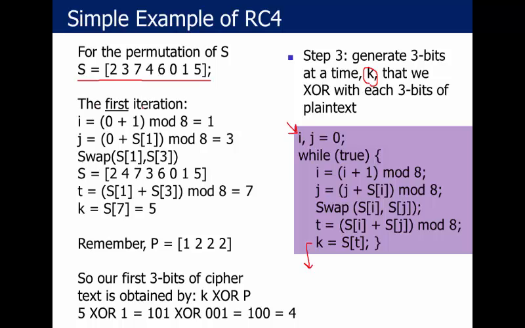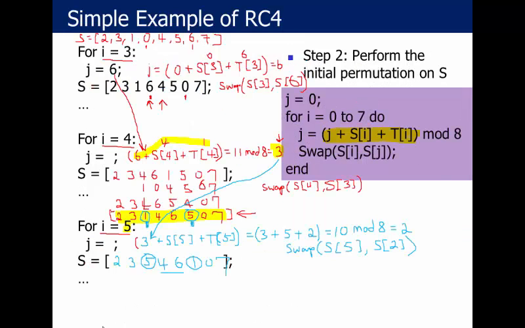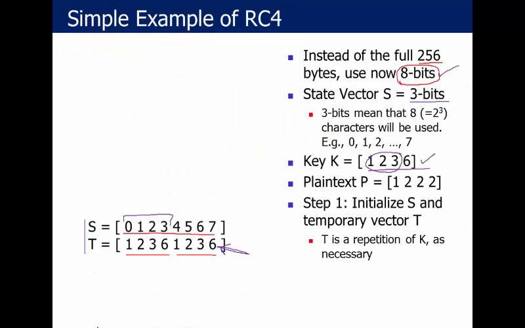The first iteration. Why do we need to do the first iteration? How many iterations do we need to do in this particular example? The plain text is 4 characters.